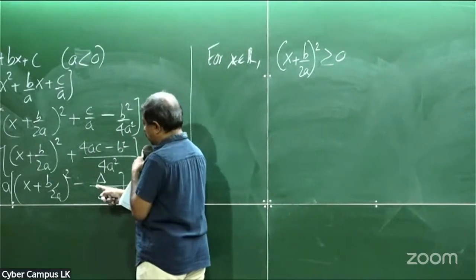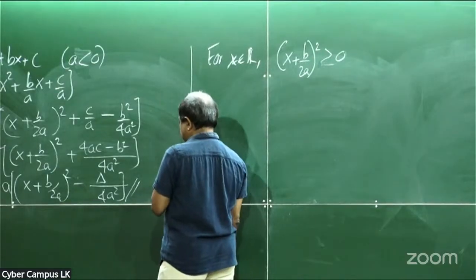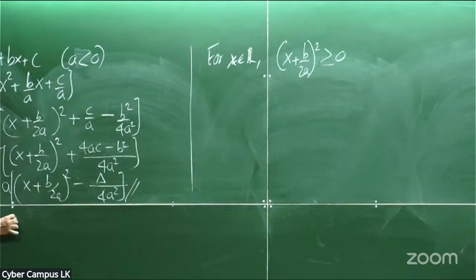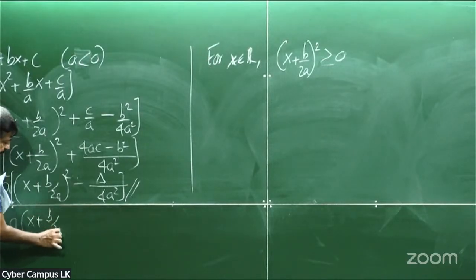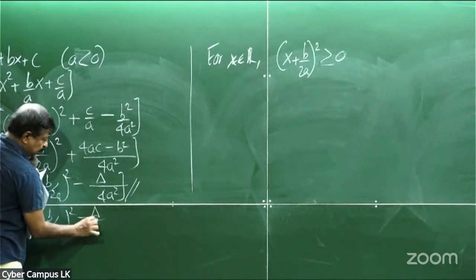Even though we are supposed to do it like this, we better expand it in this fashion. Then when you multiply this, you get delta over 4a.